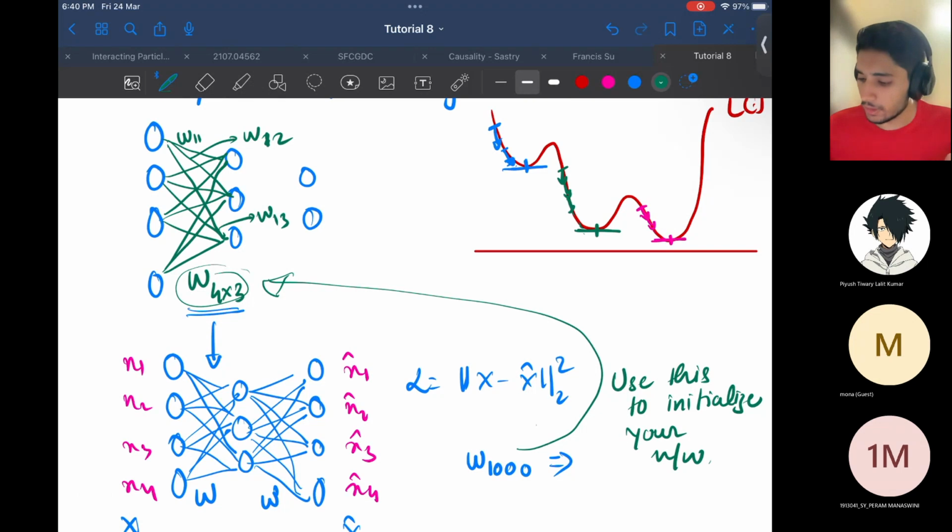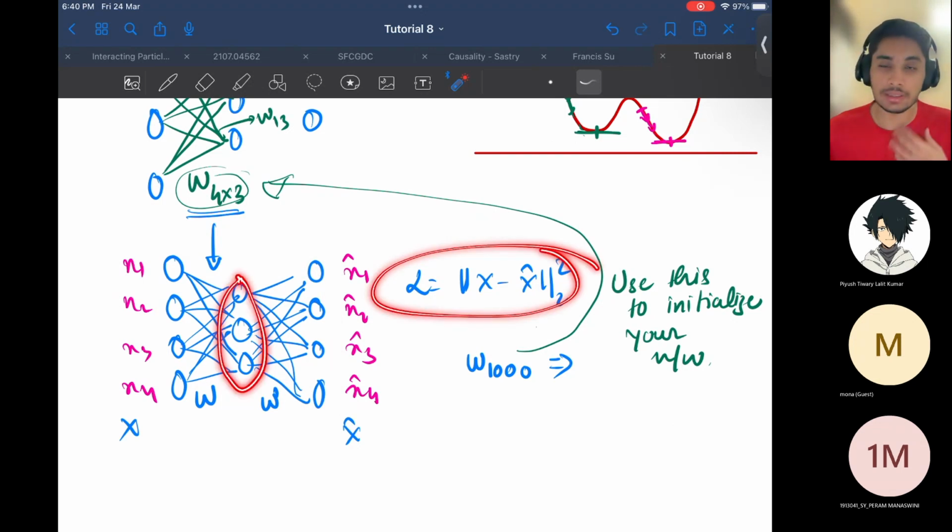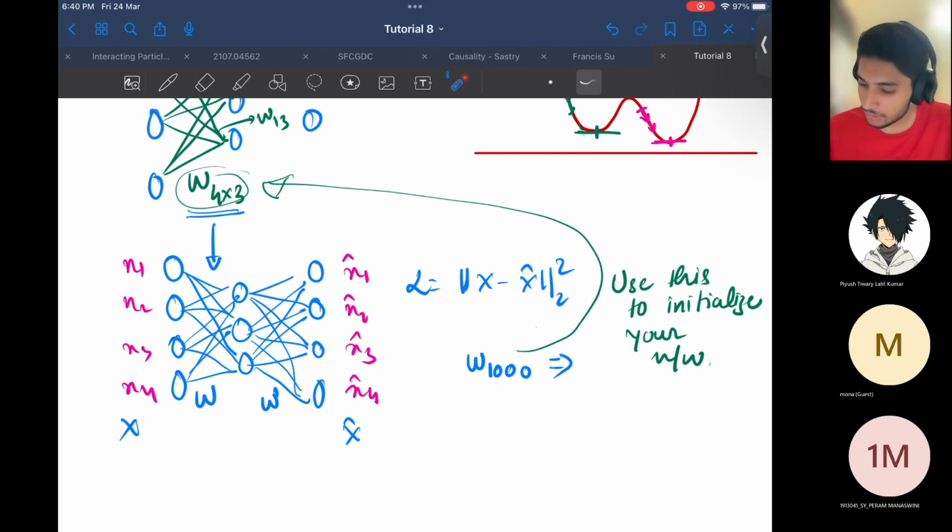So why should it work? Well, a hand wavy explanation is that when you train this autoencoder, as we saw in the previous week, it has to learn something meaningful. Otherwise, it cannot reconstruct the input as it is. To reduce this loss, it has to learn something meaningful, and for that, these w's have to be meaningful. Otherwise there is no point in doing all this.